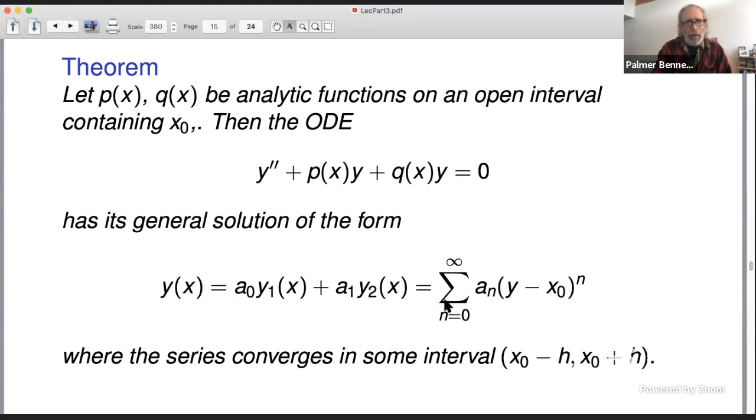It would have a power series solution, a sum of a_n times x minus x naught to the n. A lot of typos here. I'll fix them right after class.